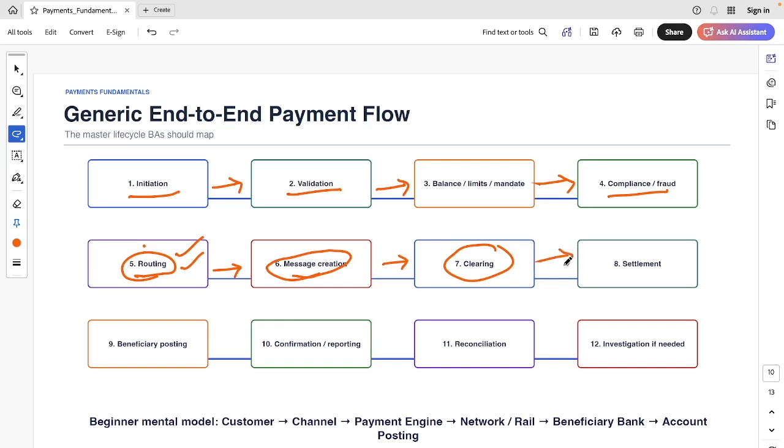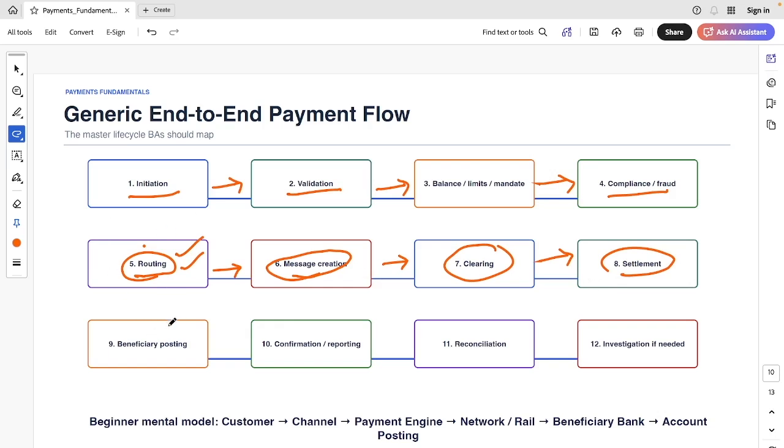The next one is settlement. Here central bank or correspondent accounts come into the picture, because the accounts are debited and credited in this particular settlement stage, and this is where the final interbank value movement takes place.